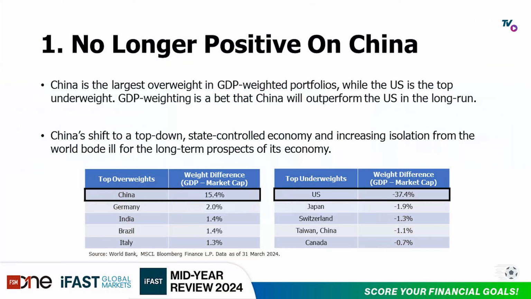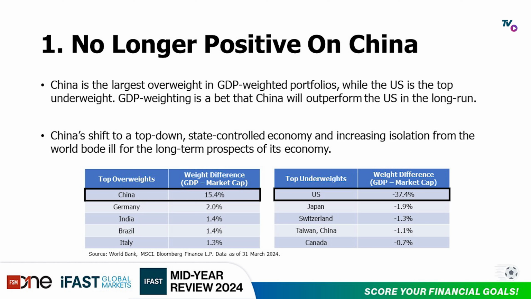You can have a look at the table on the left, which shows you the top overweights in your portfolio if you implement GDP weighting. China is the top of the list, and your portfolio will be overweight China by quite a large 15.4 percentage points.